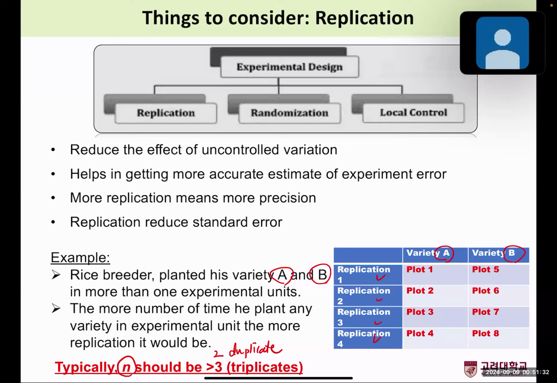Sometimes, if it is very difficult to repeat experiments multiple times, for example, the reagent is extremely expensive or the experiment is very difficult to perform, then sometimes you can perform experiments twice, but most of the time you need to repeat more than 3 times.